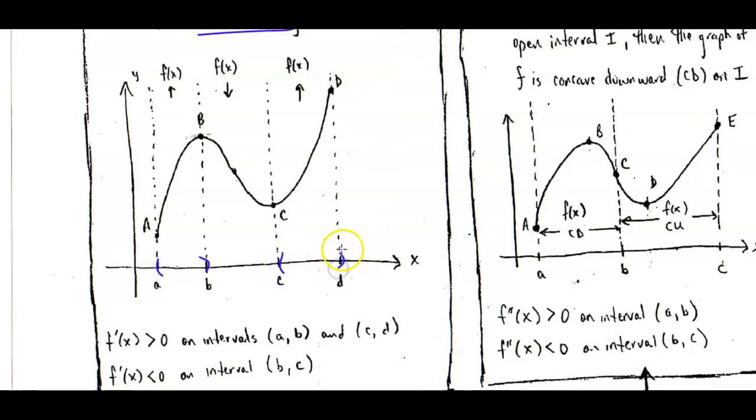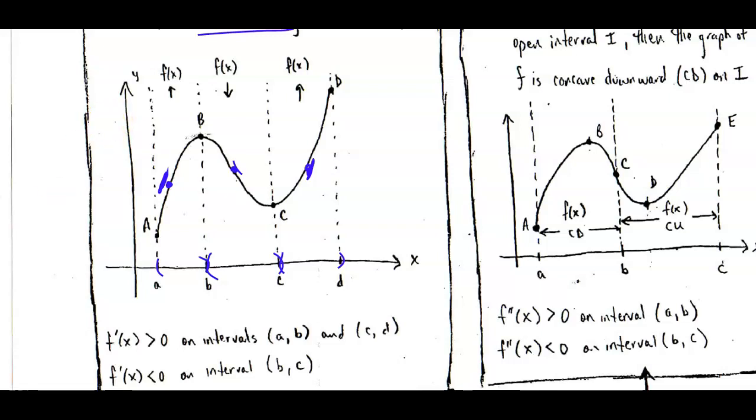And if our graph is increasing, let's say if I took a point right here, we would see that the slope of the tangent line would be positive. And if I took a point right here, the slope of the tangent line would be positive as well. For the interval from B to C, we see that the slope of the tangent line would be negative there. And so from a computational standpoint, that is what we are trying to find out.